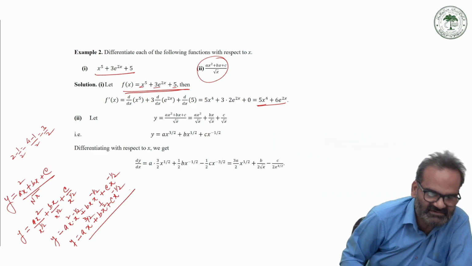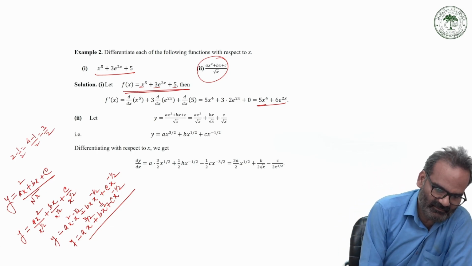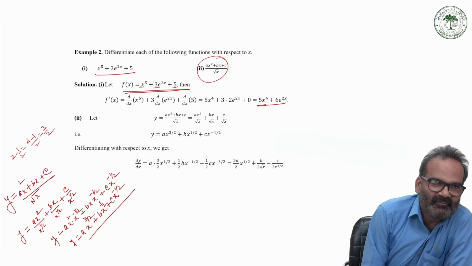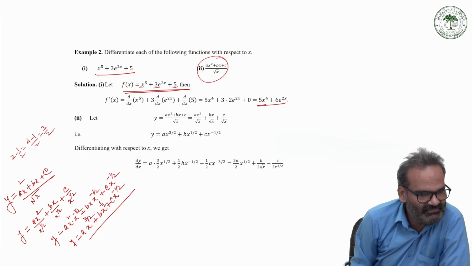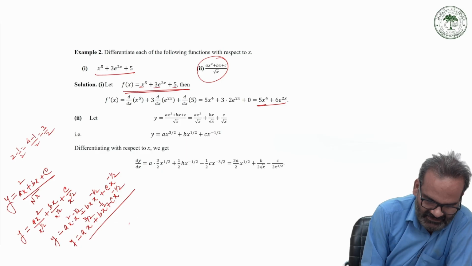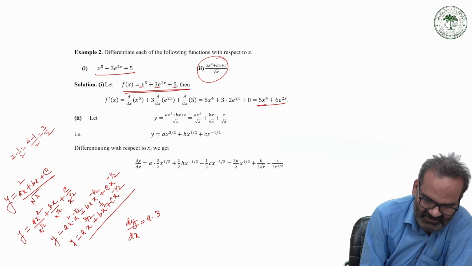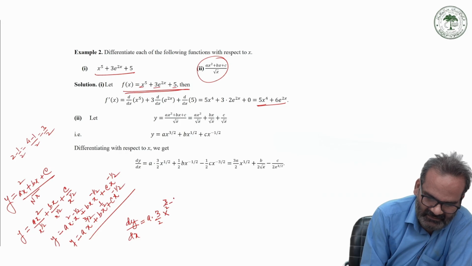Now find out its derivative. You know, here n is 3 by 2, here n is 1 by 2, here n is minus 1 by 2. So by using the formula of x raised to the power n, write it here, dy over dx will be what? A will remain as it is, x power 3 by 2. So this 3 by 2 comes here, x power 3 by 2 minus 1.